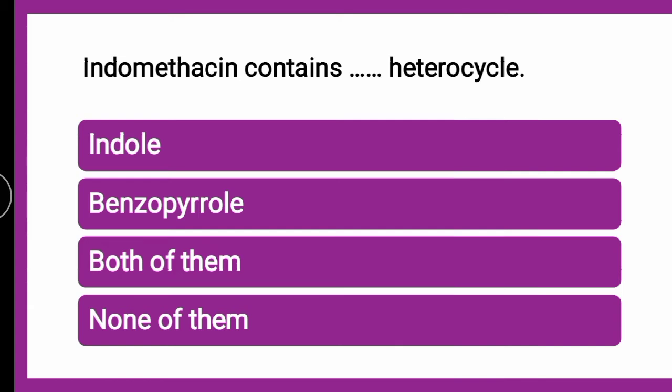The correct answer is both of them. Indomethacin contains indole heterocycle, since the name is indo. And as you all know, indole is also known as benzopyrrole, so the answer is both of them, indole as well as benzopyrrole.